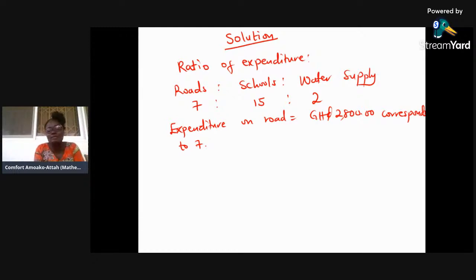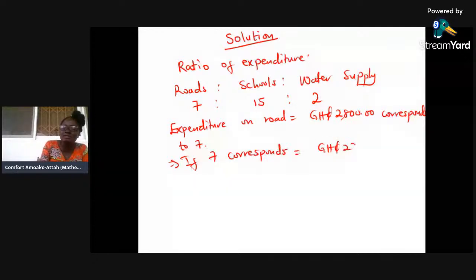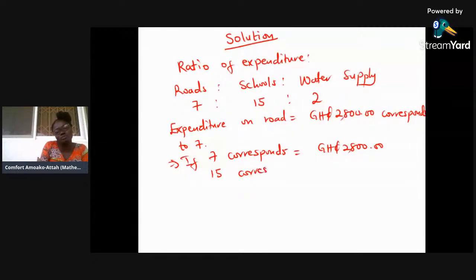Most of the times, if you have one, you can use it to solve the other ones. Okay, so if 7 corresponds to 2,800 Ghana cedis, what will 15 correspond to?